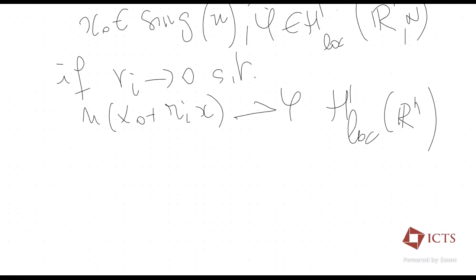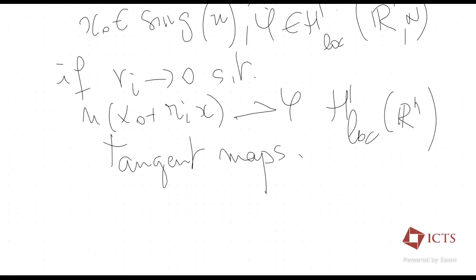So I'm just trying to define it. Why do I do that? These maps phi are called tangent maps, and they are the elements which describe globally your singular set.